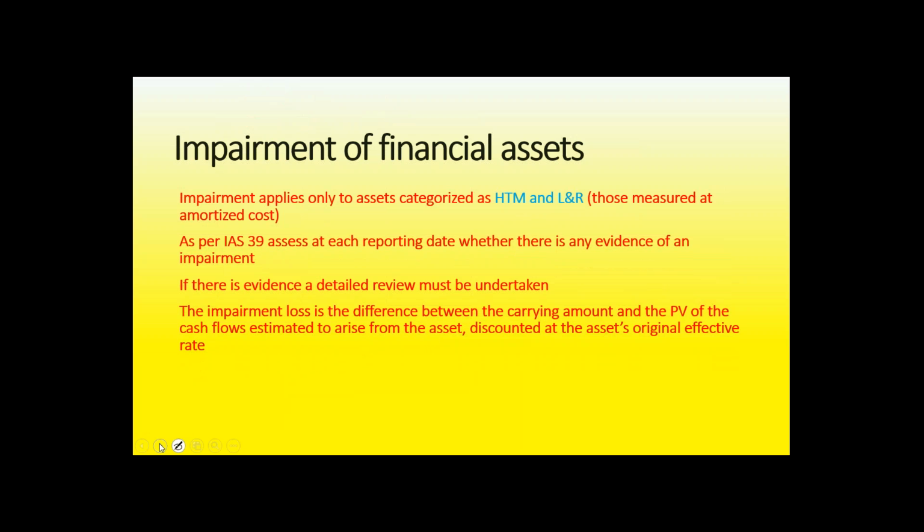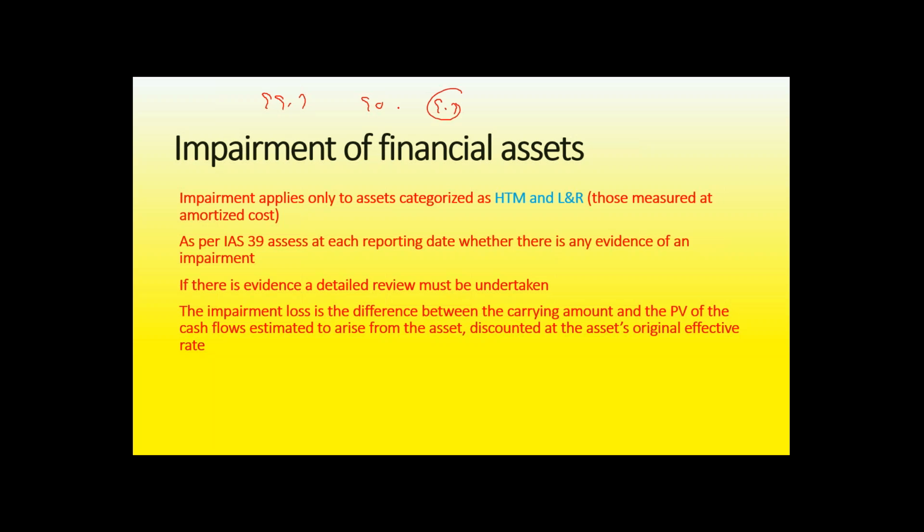And the impairment loss is the difference between the carrying amount 99.7 and the present value 90. That will be immediately charged to the P&L. So it is the difference between the carrying amount and the present value of the cash flows that you're estimating to receive from me, which will be the impaired value.